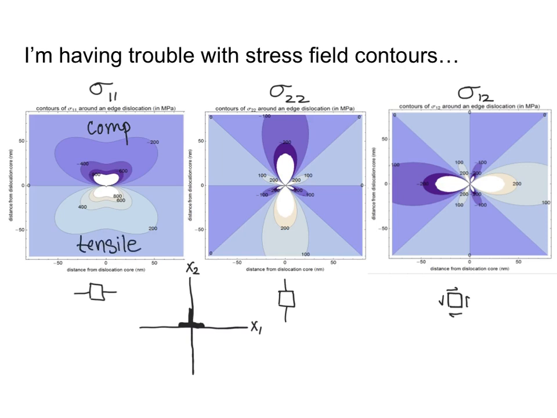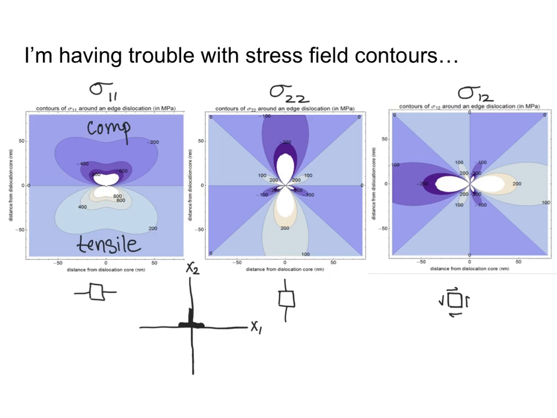Okay? The details in the shape of the contours tell us how that's distributed, but are not important as it relates to what we're trying to understand here. What we want to know is that as we get nearer to the dislocation, the stress increases, and it increases kind of slowly out here, and then the nearer we get, the faster it increases.